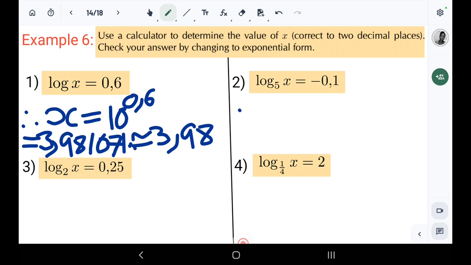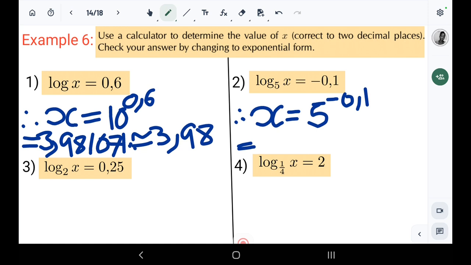Number 2. Step one, convert that to exponential form at first. The number x equals, now we've been given a base, so that is 5 to the power of negative 0.1. That equals, you go 5, x to the power of box, and that is negative 0.1.